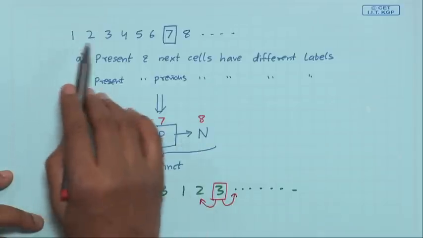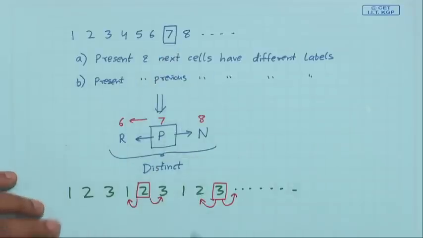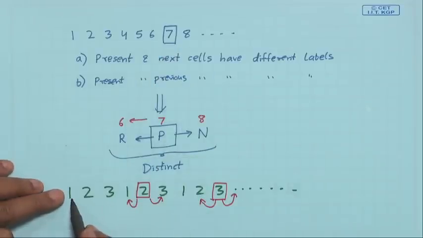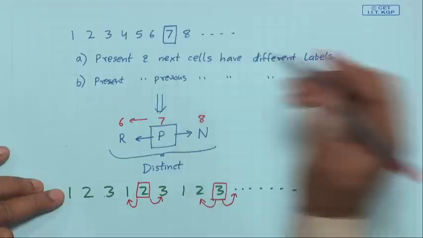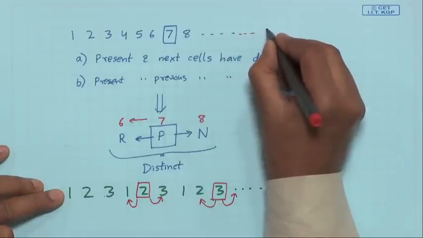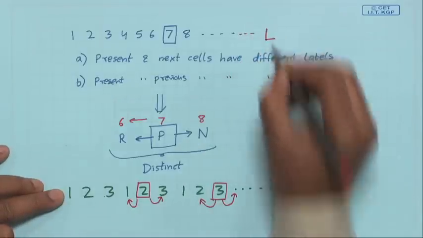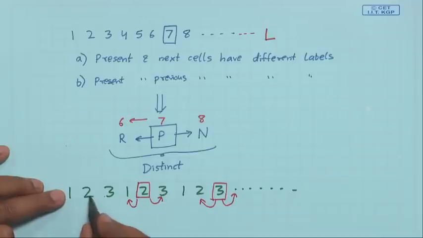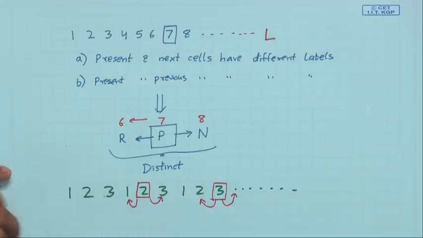So, instead of using 1 2 3 4 5 6 in this way, I can use a numbering scheme which is more efficient, 1 2 3 1 2 3 1 2 3, because in the earlier case I was going up to a maximum of L, but here I can go up to a number 3, not more than that. Okay.